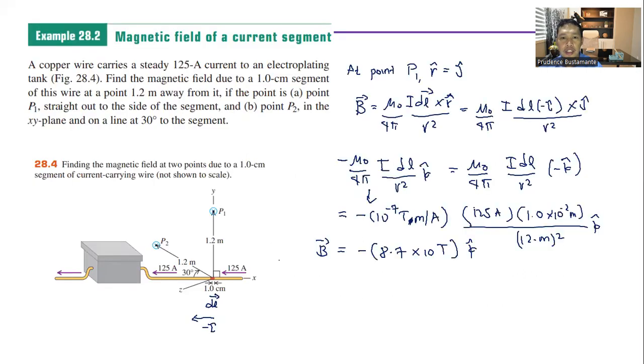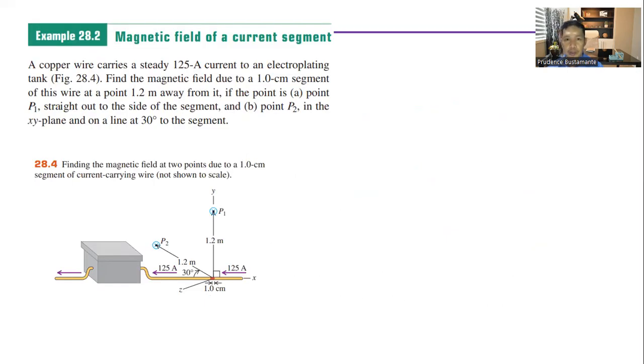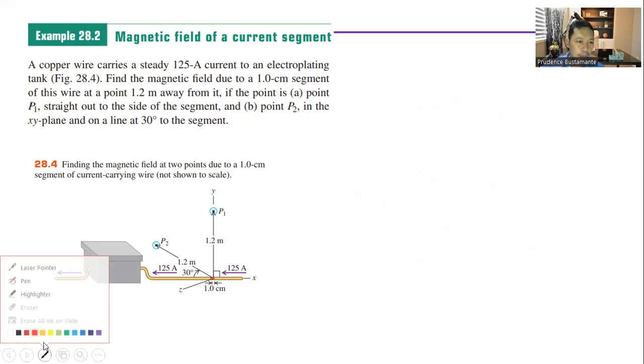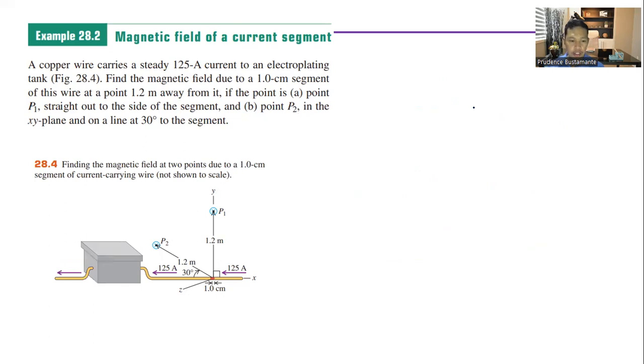So how about you're asked to find a point P2. Okay, so let's answer the point P2. At point P2, remember that our r hat now has a component in negative x and a component in positive y, and we have an angle here.